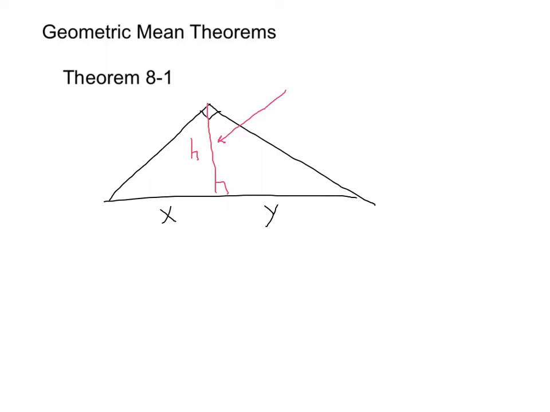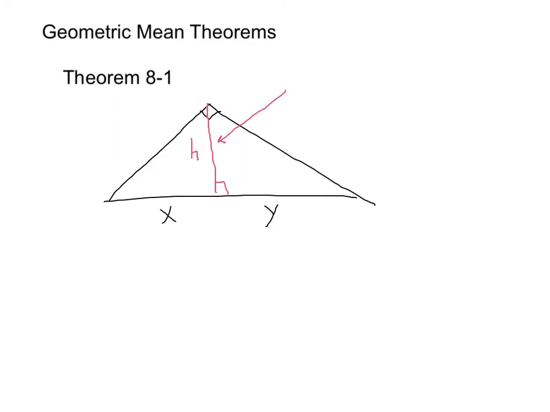And the theorem basically says this, that the height, that's going to be h, is the geometric mean of the two segments the hypotenuse gets split into. Basically that altitude goes through and cuts the hypotenuse into two parts. This part has a length of x, this part has a length of y. And the relationship that x, y, and h have is geometric mean.